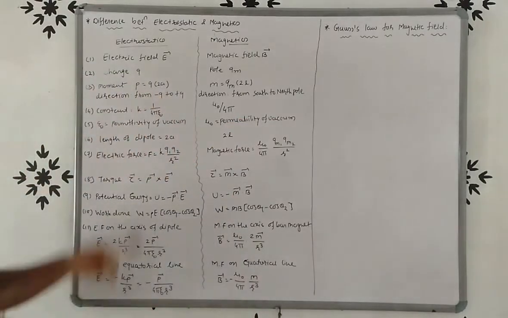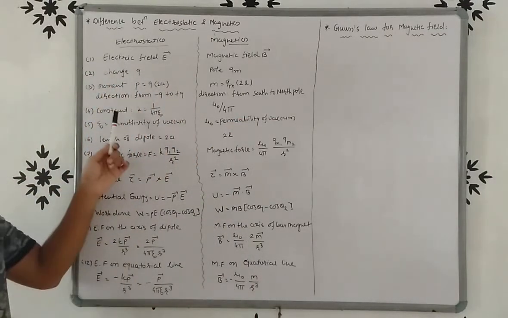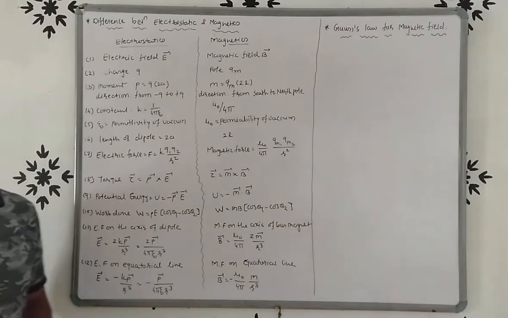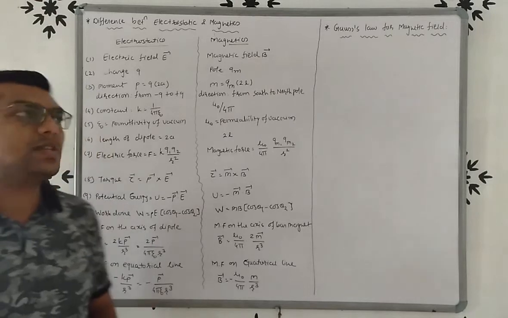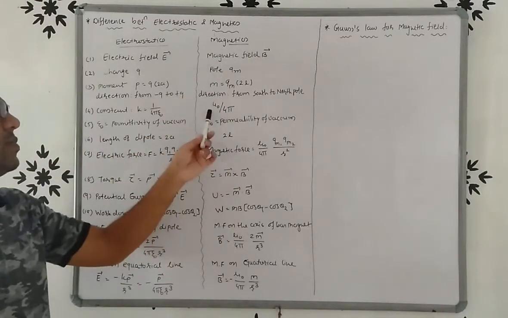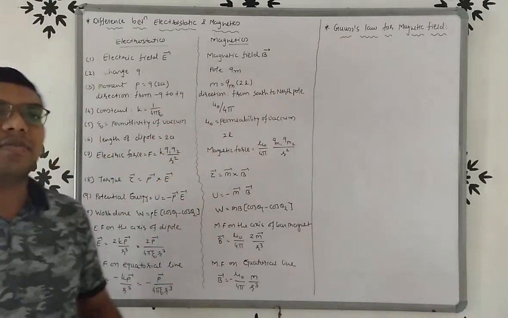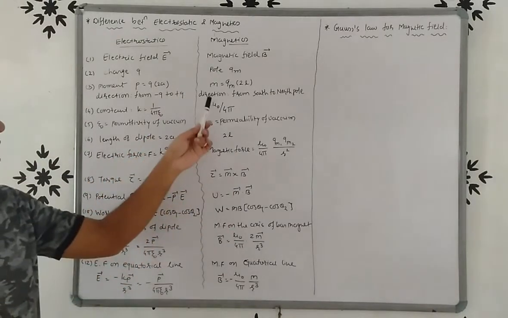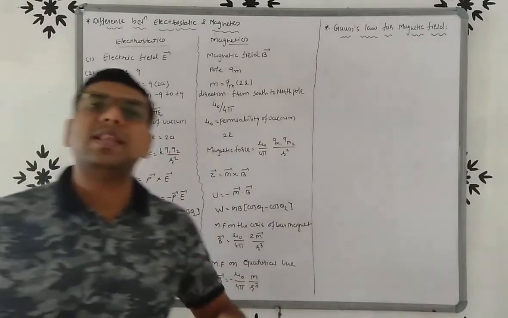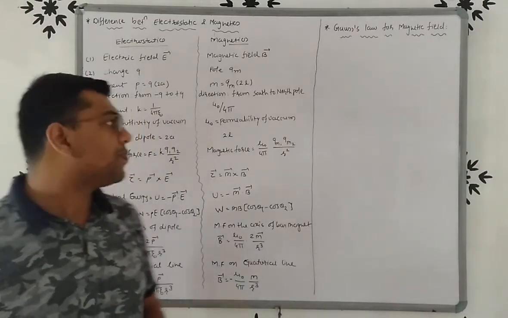Next point, in electrostatics the constant is small k, known as Coulomb's constant, 1 by 4 pi epsilon 0. In magnetics, mu 0 by 4 pi, where epsilon 0 is the permittivity of vacuum and mu 0 is the permeability of vacuum.